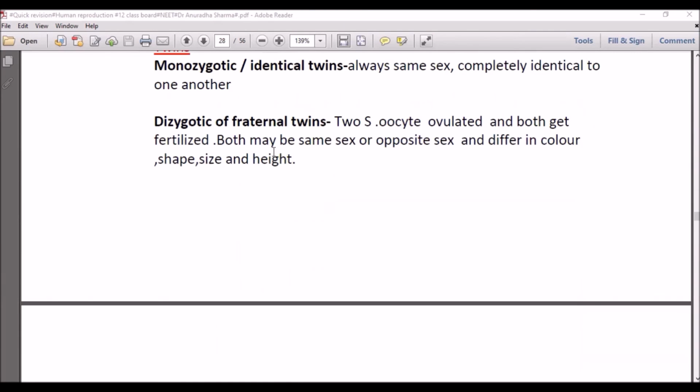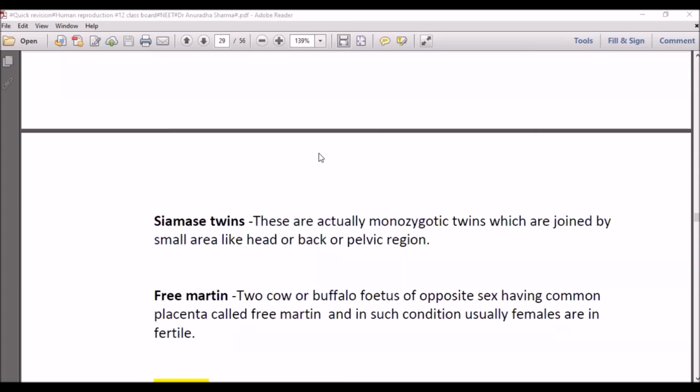Now, dizygotic twins or fraternal twins: two oocytes are ovulated and both get fertilized. Both may have the same sex or opposite sex. They may be different in color, shape, size, or height. So these are dizygotic or fraternal twins.